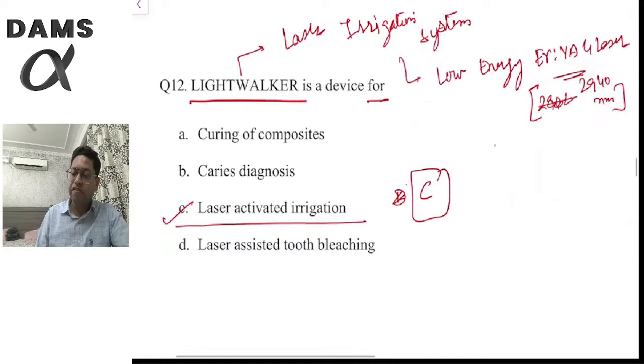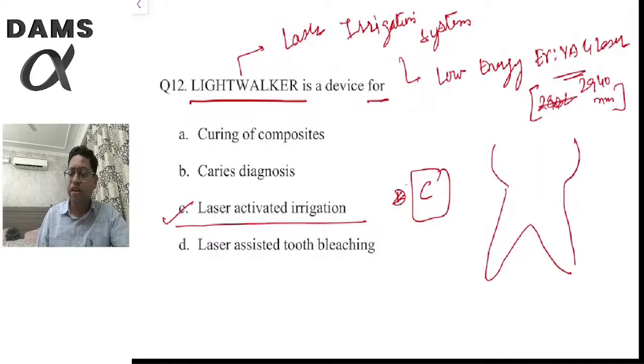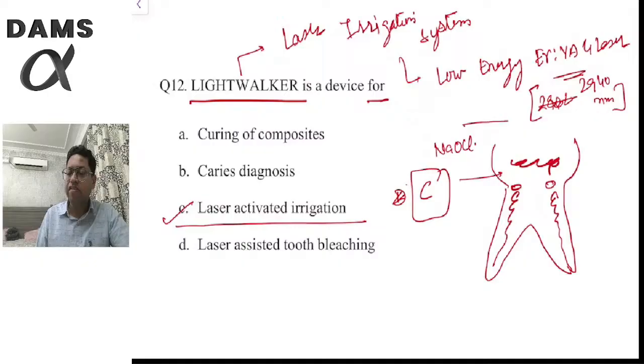Now, if this is the tooth that we are doing root canal with, after gaining access to the pulp chamber, these are the root canal orifice. The root canal, pulp chamber, and the orifice, they are flooded with sodium hypochlorite irrigation. And there is a laser tip that is placed inside the pulp chamber filled with sodium hypochlorite.